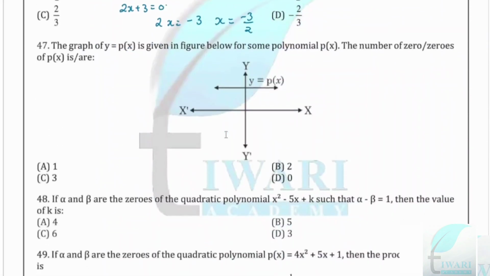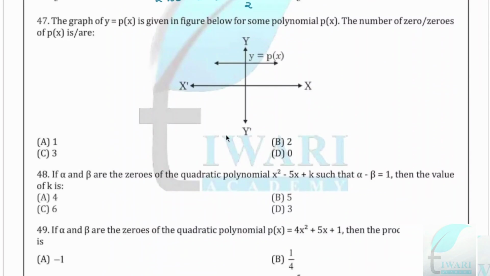Coming on to question number 47. The graph of y equals p of x is given in the figure for some polynomial p of x. The number of zeros of p of x are? See here, p of x equals y. That means the function of x is only y. So this is a line of equation which is parallel to the x axis.